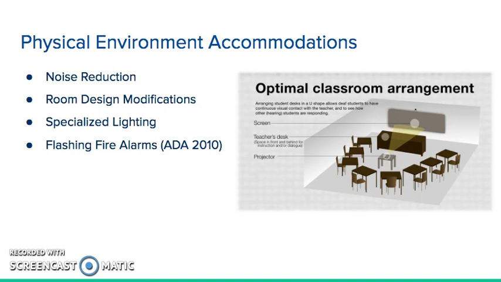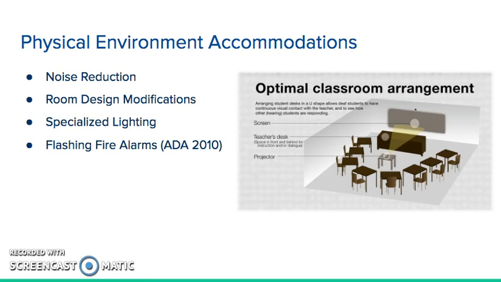Sometimes you also need specialized lighting because the fluorescent lights emit a sound that interferes with hearing aids and cochlear implants. So they could actually not be hearing you at all, even if they do have a hearing aid. And then lastly, flashing fire alarms. In 2010, the Americans with Disabilities Act modified the fire alarm system.